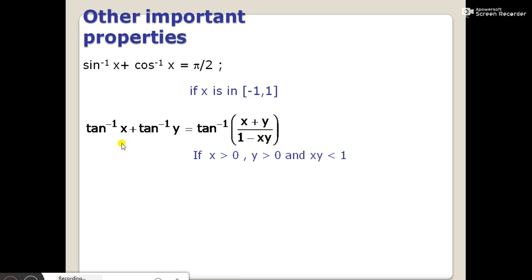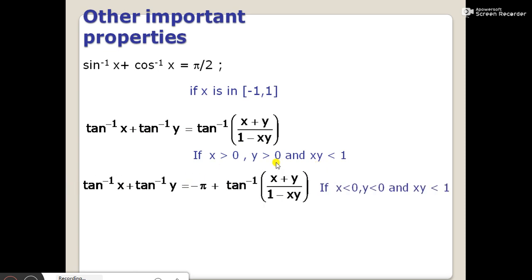When we apply this property, we have to check these conditions: x positive, y positive, and their product less than 1. Next one, if x is less than 0, y is less than 0, and their product is also less than 1, then tangent inverse x plus tangent inverse y is equal to minus pi plus tangent inverse x plus y upon 1 minus xy.